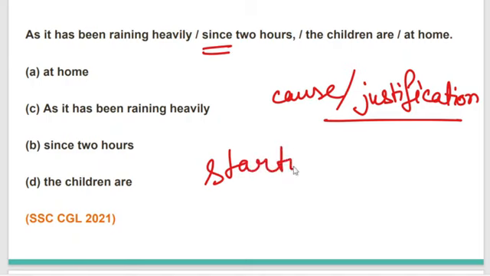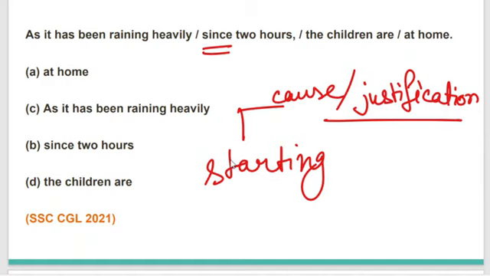For these two cases, we can use the word since. But here in this sentence, we are trying to express a meaning that as it has been raining heavily since 2 hours. That means it started 2 hours ago. But we don't know that it is continuing or it has ended 1 hour ago or not.